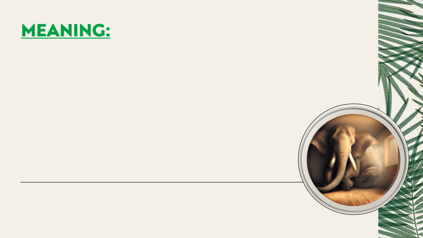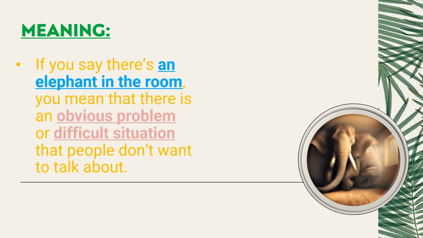Let's find out. Of course not. Meaning, if you say there is an elephant in the room, you mean that there is an obvious problem or difficult situation that people don't want to talk about.